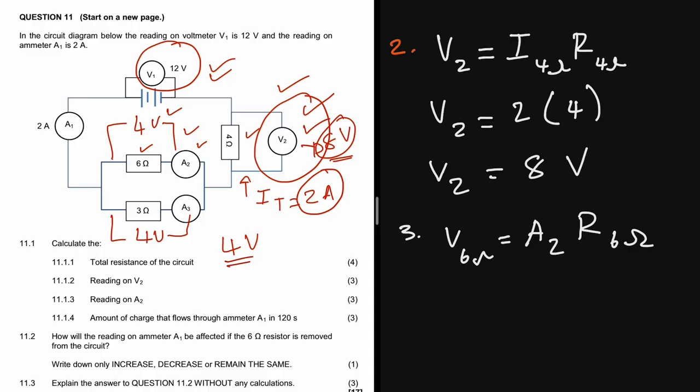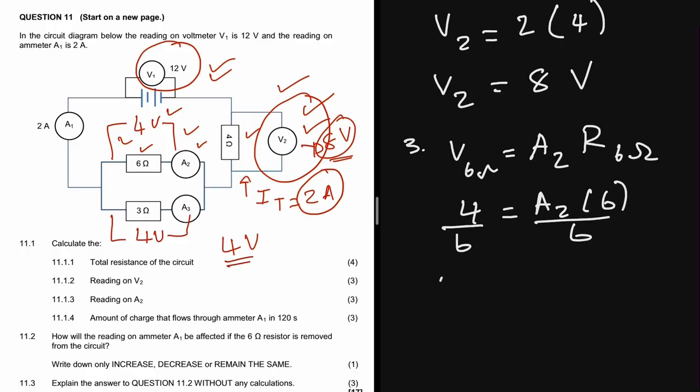On that resistance, the voltage is 4, and the resistance is 6 ohms. So you're going to divide both sides by 6 so that we get the current in ammeter 2. 4 divided by 6 is the same thing as 2 over 3 amps.